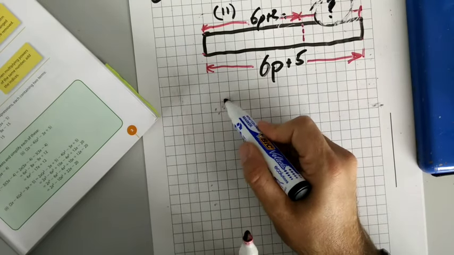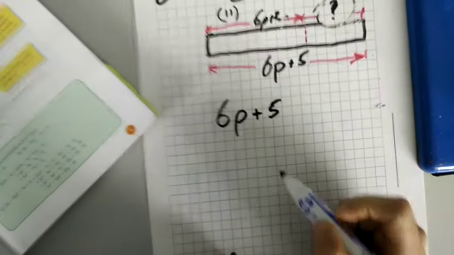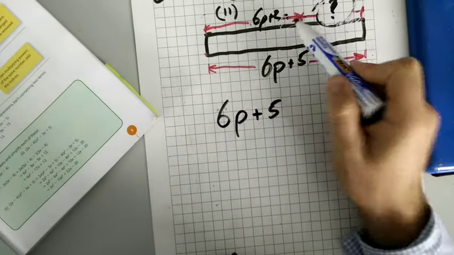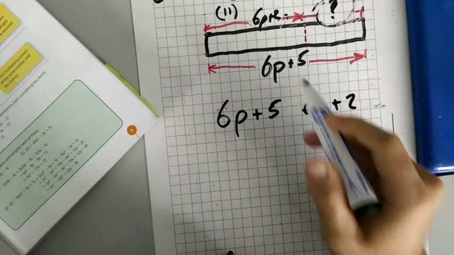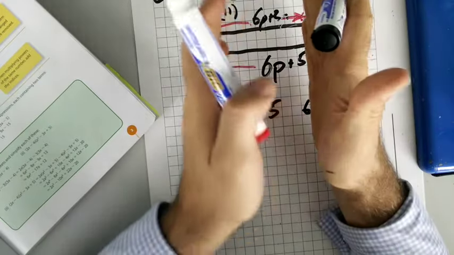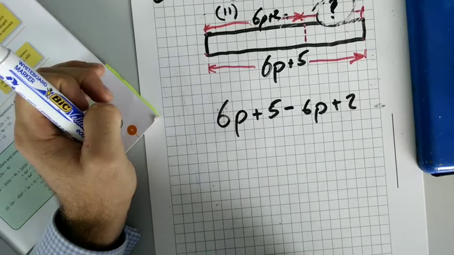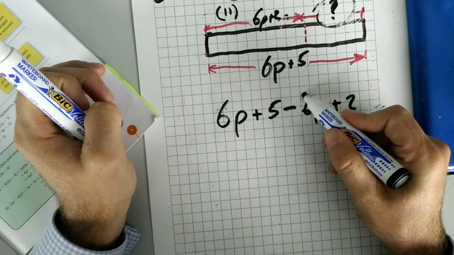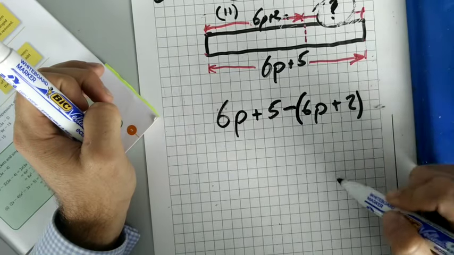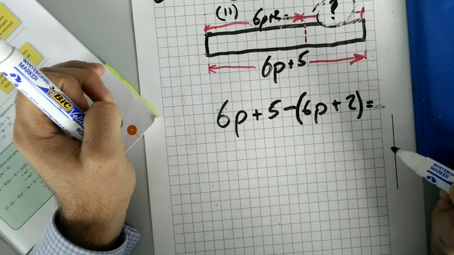I told you that the big whole piece was 6p plus 5, the whole length. And you know that the length of this piece is 6p plus 2. Now what are we doing with that? We're taking it off the whole chunk. We're moving it to the side. We're taking it away. So let's subtract it. Anytime you're subtracting something, it's very important that you put a little bracket around the outside like that. And we're going to try and find out how much is left over.